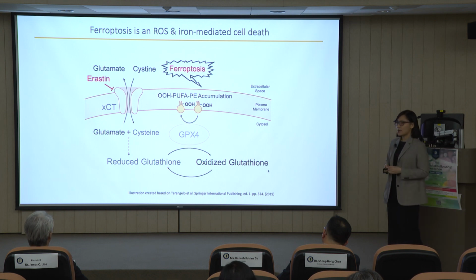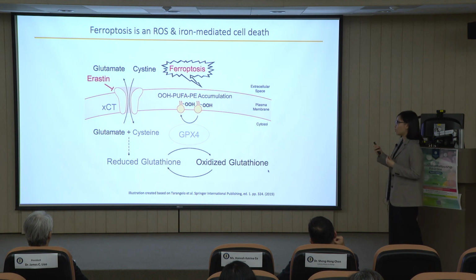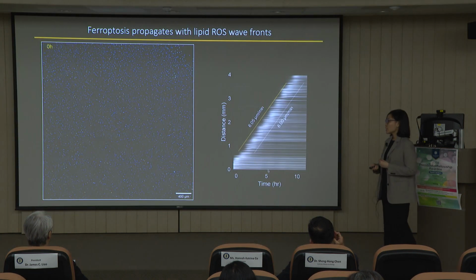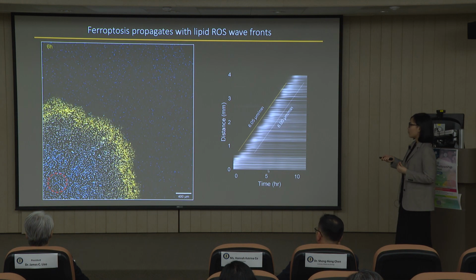So we hypothesized that this lipid peroxidation could be one of the signaling molecules that would spread between cells and cause cell death. So in this experiment, I monitored the lipid peroxidation in real time. So again, I can do photoinduction at this local region, and this photoinduction caused cell death propagation.